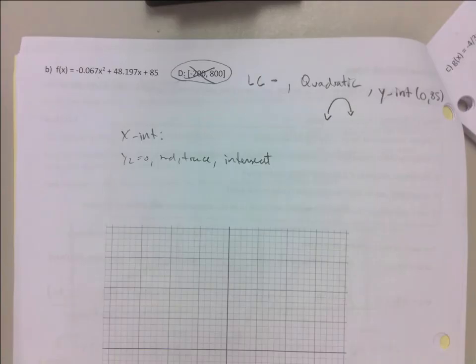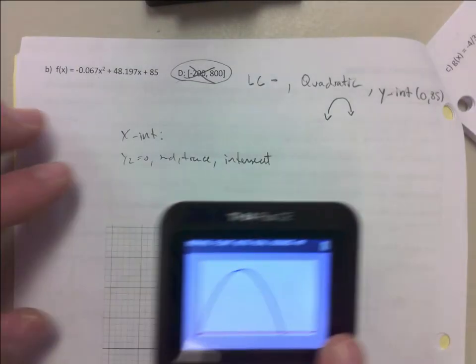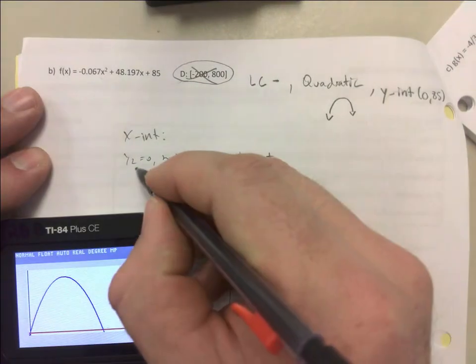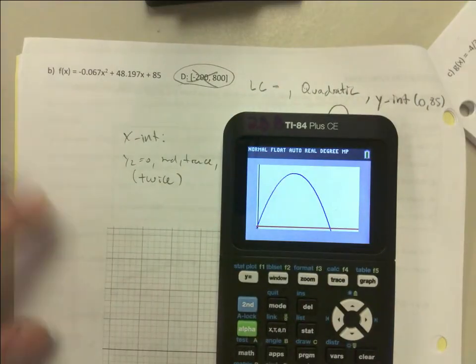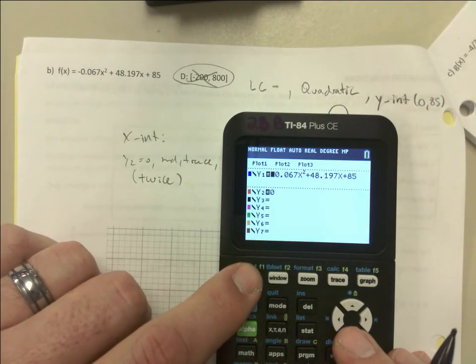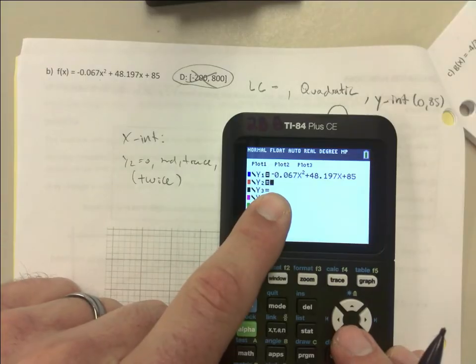You have to do this twice in this case. So we go to y equals. I already kept it at 0, I didn't clear it, so it's already done.